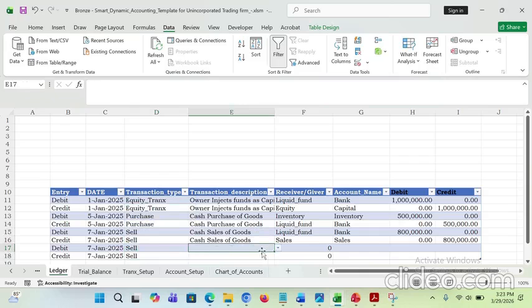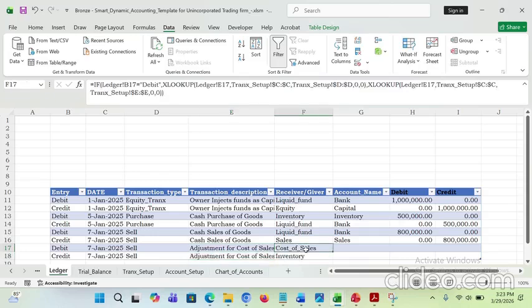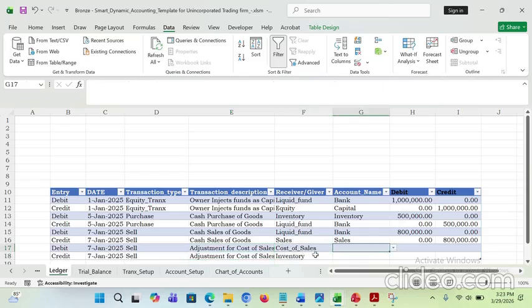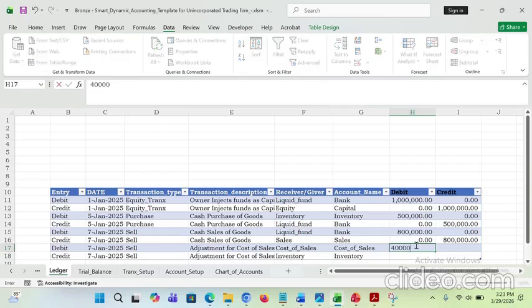Then for the transaction type, we now select adjustment for cost of sales, and it will automatically know that it's to debit cost of sales and credit inventory. So I can name here cost of sales, and I can name here inventory. Let's assume the cost of sales of this 800,000 is 400,000 naira.